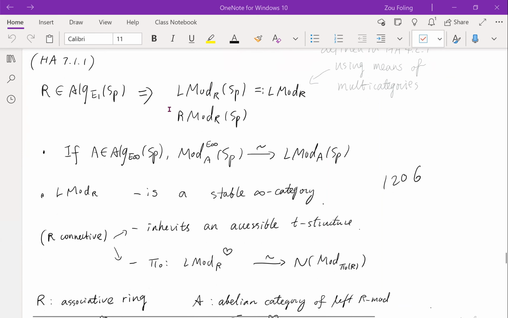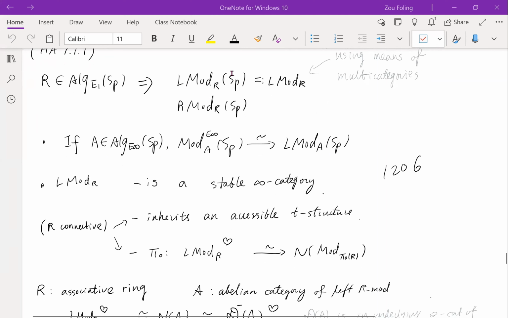Then if furthermore my R is E infinity, meaning it's a commutative algebra or commutative ring spectrum, then left module over R is equivalent to E infinity module over R, E infinity R module.